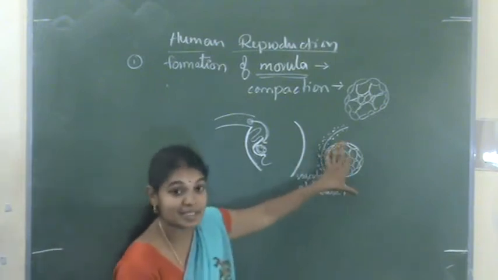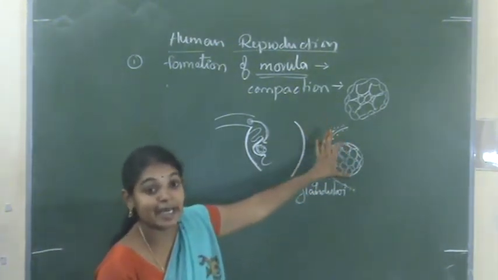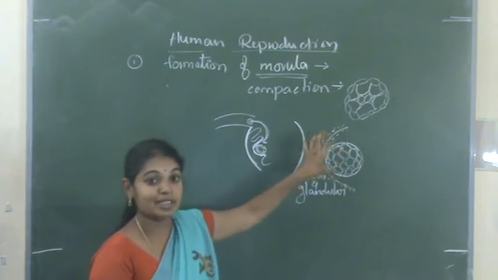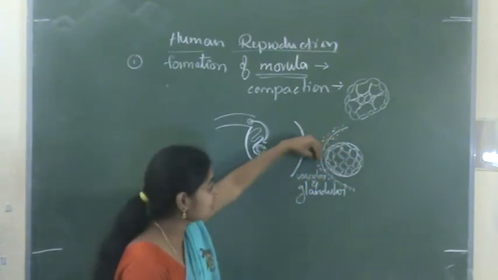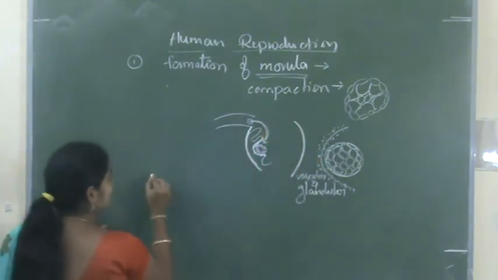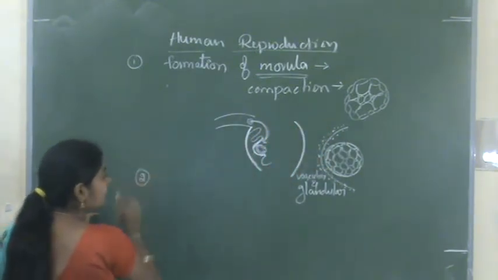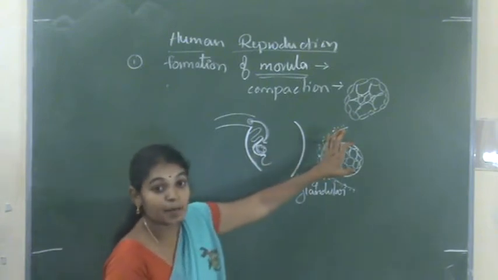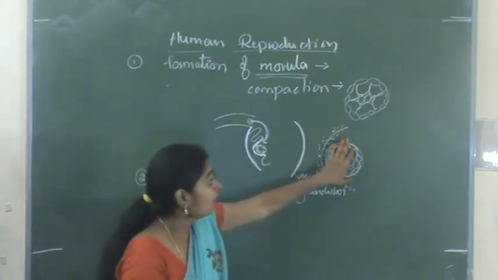This is the structure exactly when the morula enters into the uterus. Once it enters and is incorporated in the endometrium, the next process follows.